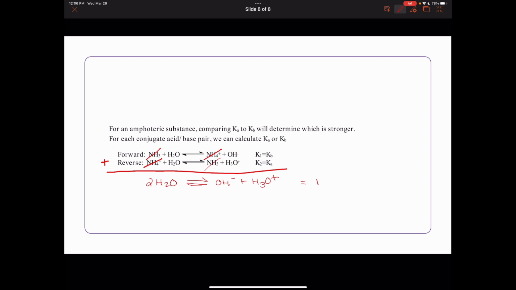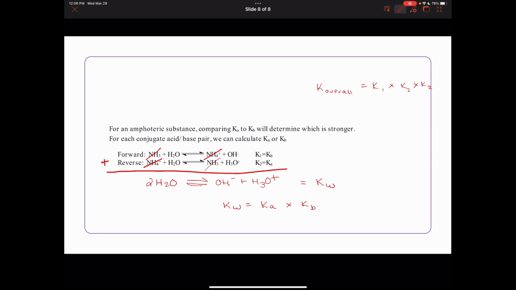So that is represented by a Kw. When we add equations together, the K for our overall equation is going to be equal to the product of K's of our individual steps. So in this case, Kw is going to be equal to Ka times Kb.